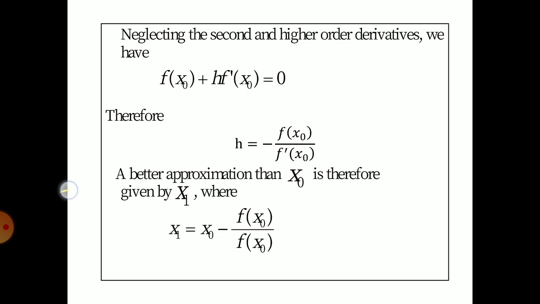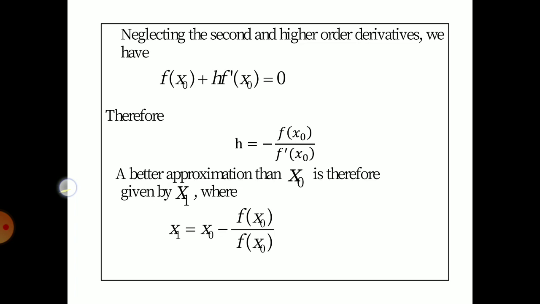At first, h f'(x0) = -f(x0), transferring this to the right side, and then divide by f'(x0). We get h = -f(x0) / f'(x0). This is the value of h.